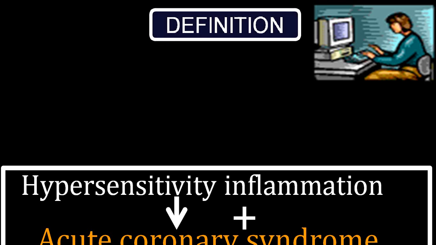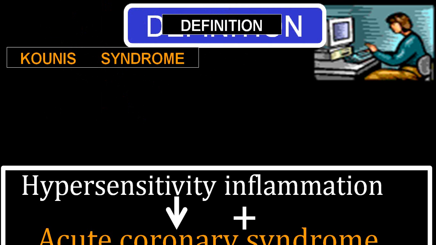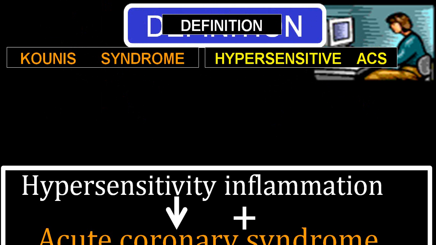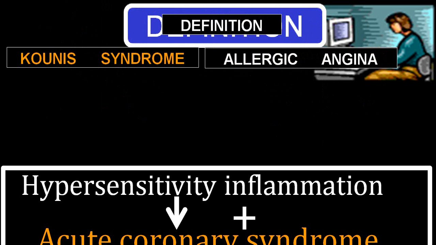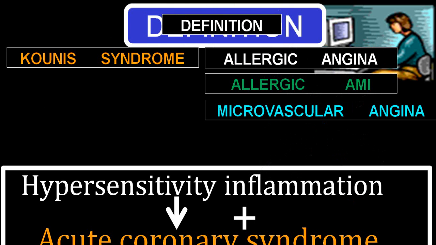There is one more condition which can be included, and is included, in ischemic heart disease: Kounis syndrome, also called hypersensitive acute coronary syndrome, or allergic angina, or allergic acute myocardial infarction, or also called microvascular angina, where, secondary to hypersensitivity inflammation, there is acute coronary syndrome.